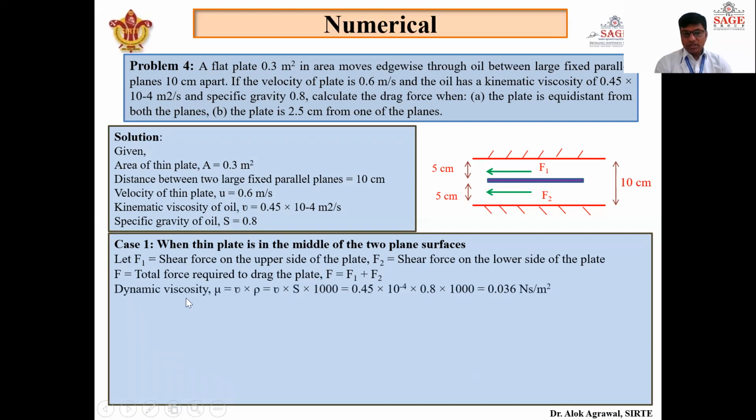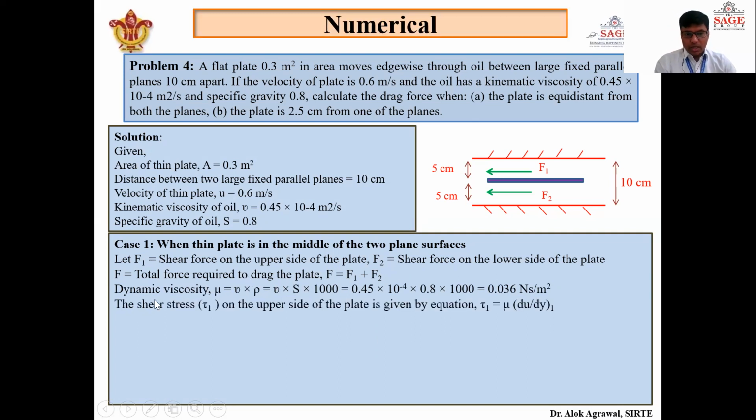Now there is a relation between kinematic viscosity and dynamic viscosity, and from that relation we can calculate dynamic viscosity. Density is specific gravity into 1000, and if we multiply this density with kinematic viscosity, we will get dynamic viscosity. Substituting the values, we get dynamic viscosity as 0.036 Newton second per meter square.